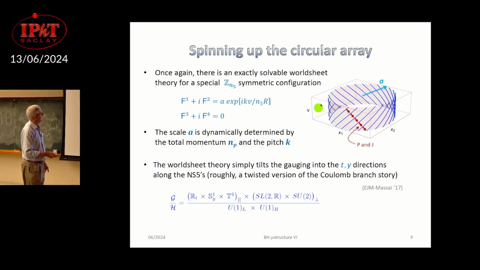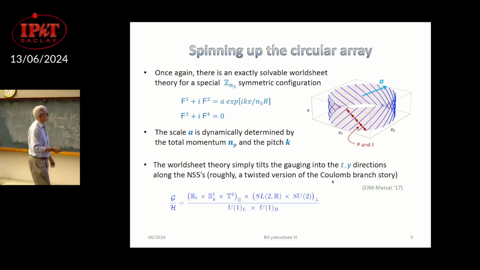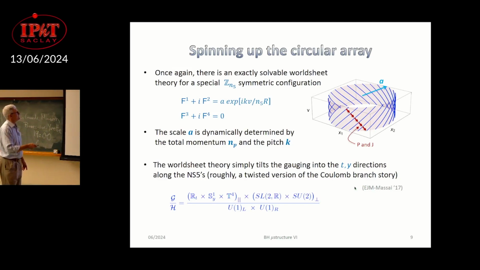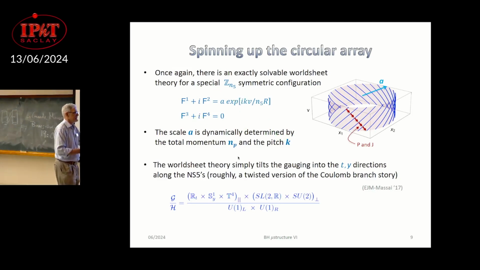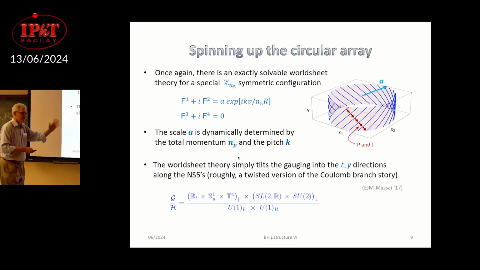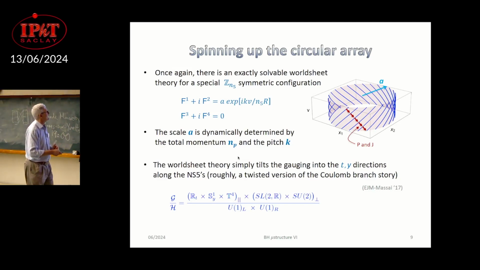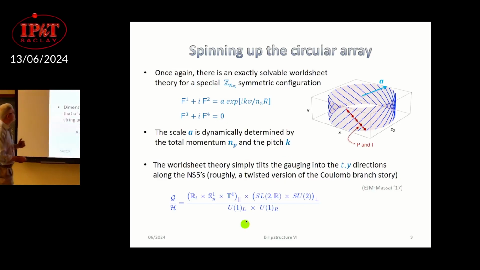And one of the things that is helpful in the present context is that Stefano and David and I have been exploring the properties of a closely related worldsheet theory, which again is a gauged Wess-Zumino-Witten model, which realizes this particular two-charge configuration. And so everything I said about the double-scaled little string theory has a variant where you add the second charge and realize it as a gauged Wess-Zumino-Witten model.